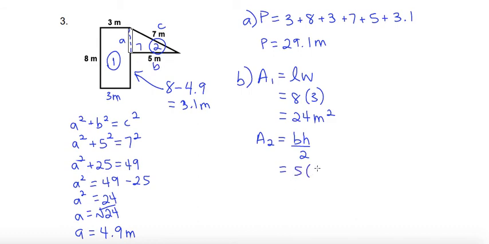The height of my triangle is 4.9. And I'm going to divide that by 2. You can do this in one step in your calculator if you'd like to. 5 times 4.9 gives us 24.5, and 24.5 divided by 2 gives us 12.25.